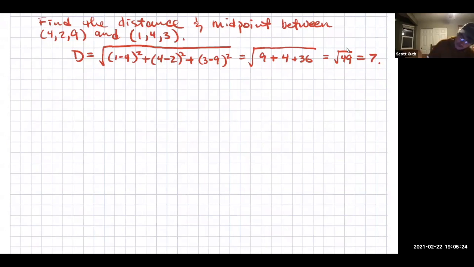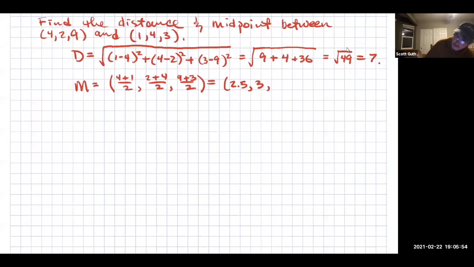Okay, let's do the midpoint. So our midpoint M, we're just taking averages now. So you're going to do 4 plus 1 over 2, and then 2 plus 4 over 2, right? Because I'm averaging the x's, then the y's, and now the z's, 9 plus 3 over 2. So 4 plus 1 is 5, that's 2.5. 2 plus 4 is 6, divided by 2 is 3. 9 plus 3 is 12, divided by 2 is 6.